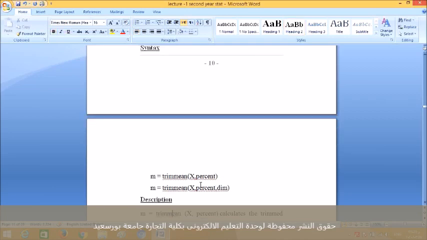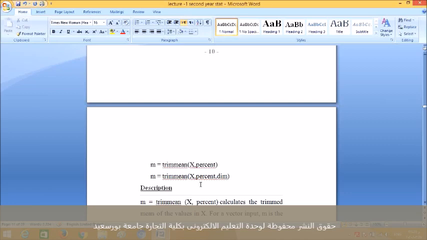Description: M equals trimmean(x, percent) calculates the trimmed mean of the values in x for a vector input.